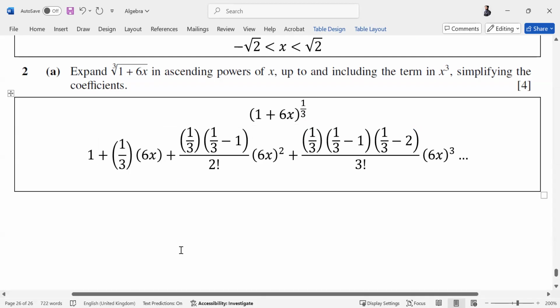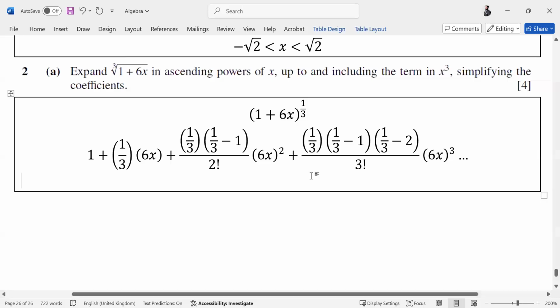You can use your calculator, simplify, and tell me what you get.